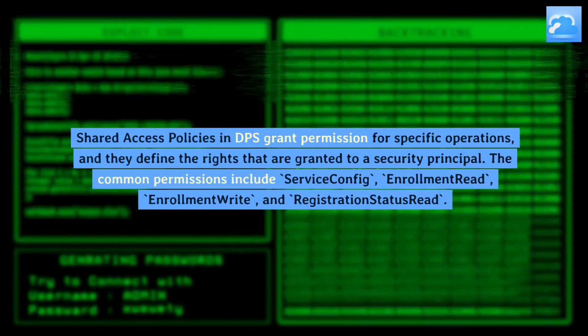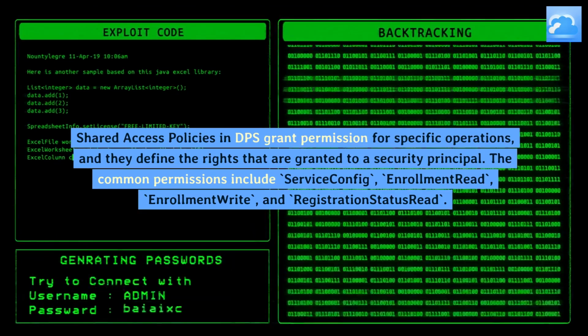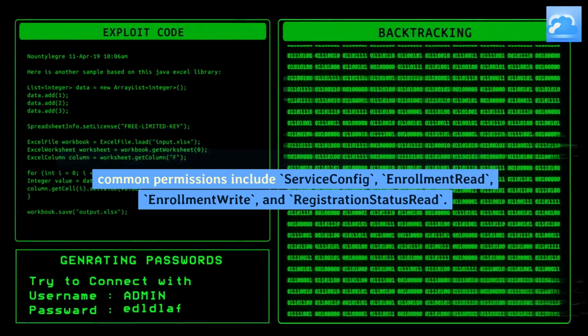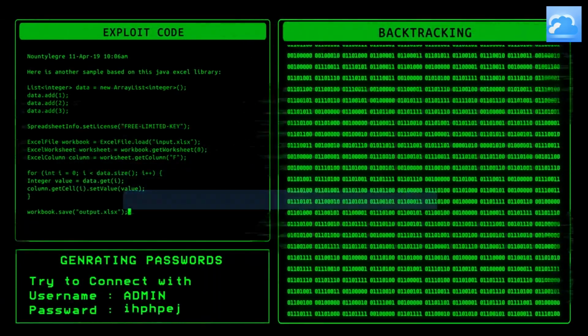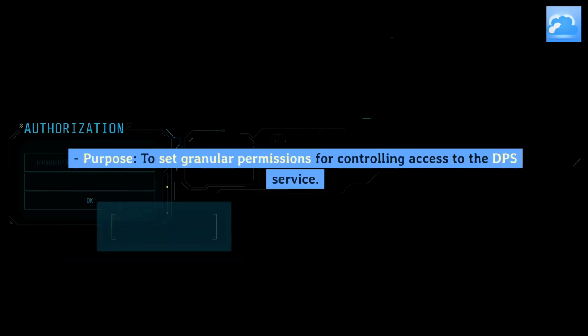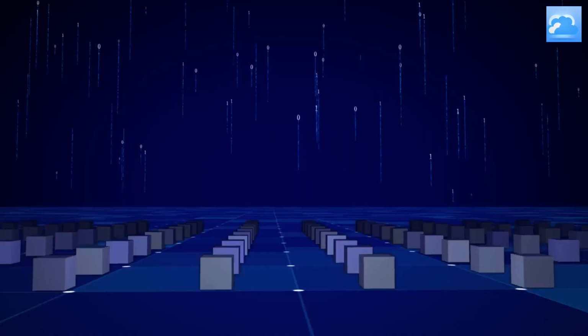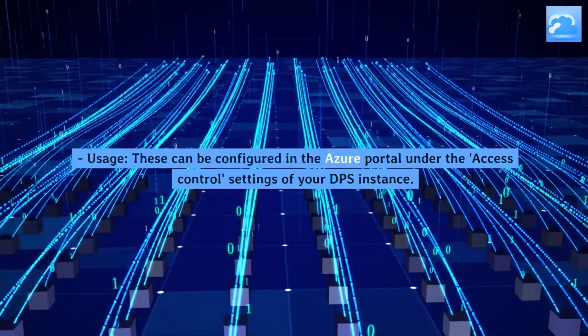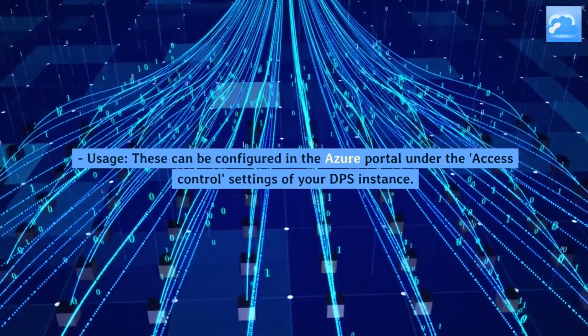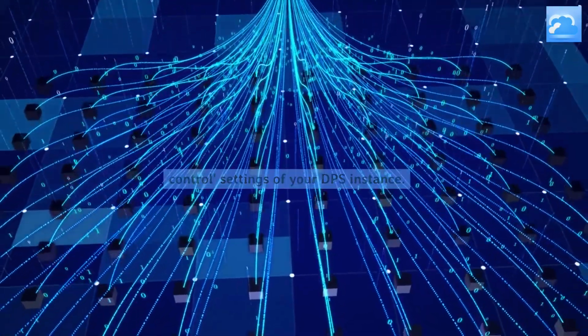The common permissions include service config, enrollment read, enrollment write, and registration status read. Purpose: to set granular permissions for controlling access to the DPS service. Usage: these can be configured in the Azure portal under the access control settings of your DPS instance.